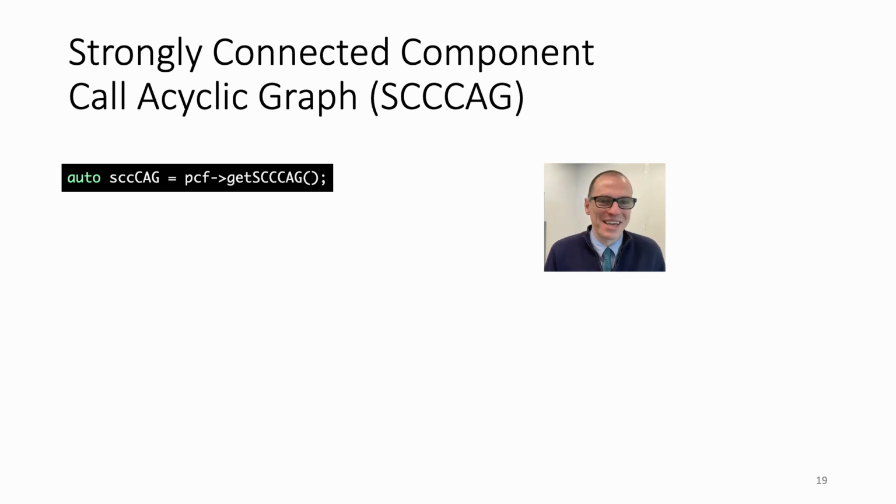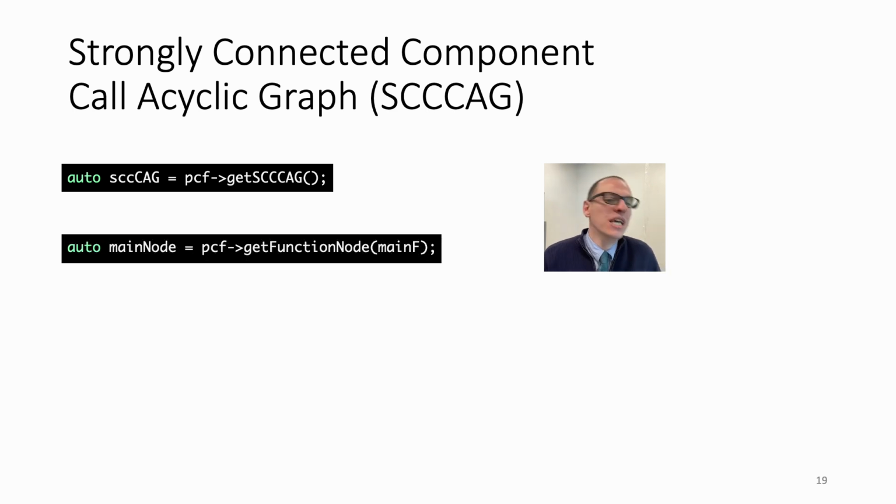It's a mouthful name, I know. And it returns the object that represents the strongly connected component directed acyclic graph of the program CallGraph. And from here, you can use it to understand whether a function belongs to an SCC or not. So in other words, like a recursion.